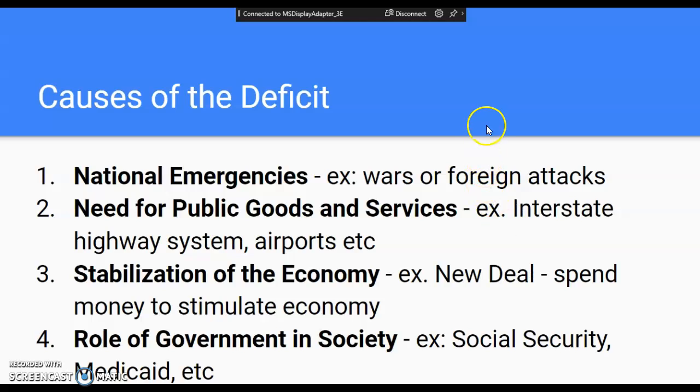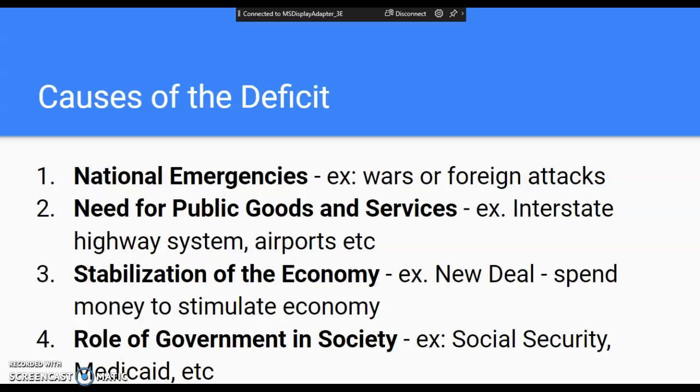Causes of a deficit. So again, we're talking about deficit, not debt. Things that can lead to a deficit are national emergencies, things like wars or foreign attacks. The second thing is need for public goods and services like interstate highway systems, airports. The third is stabilization of the economy.